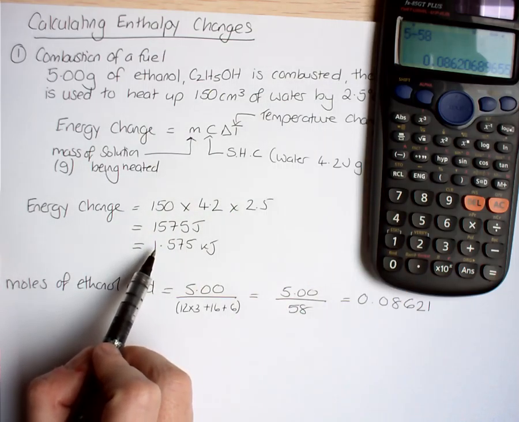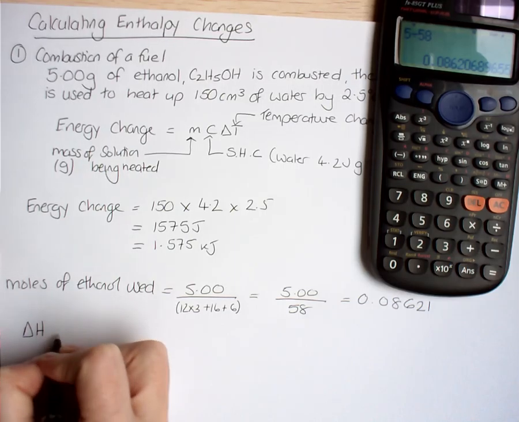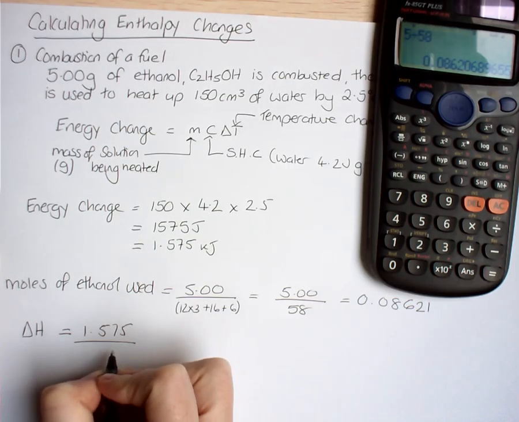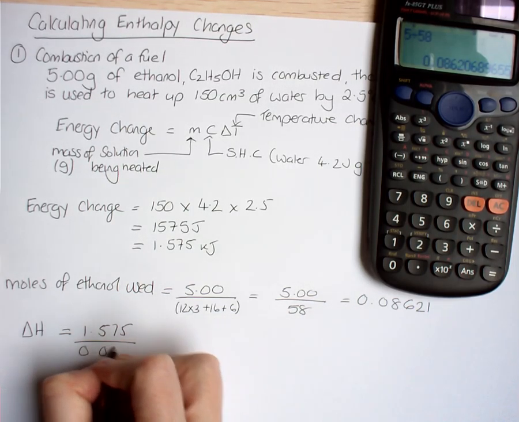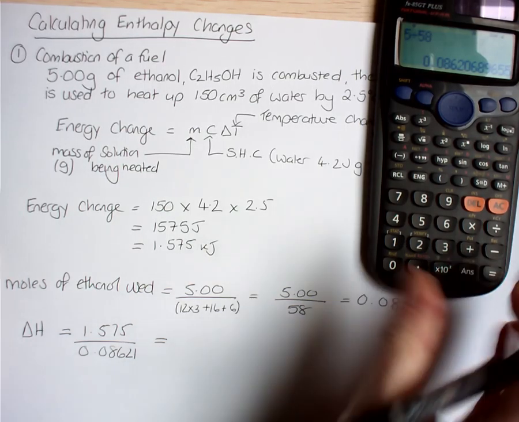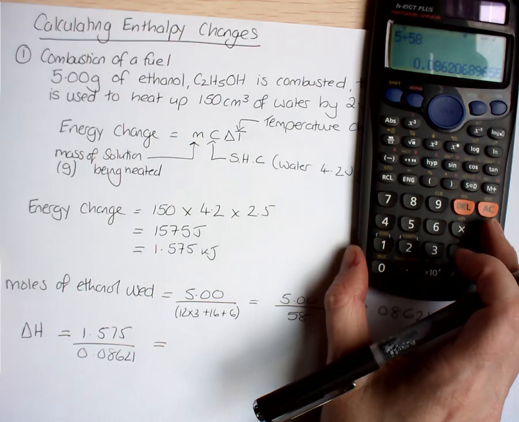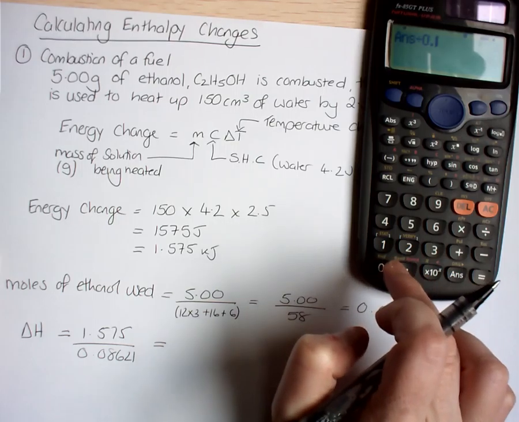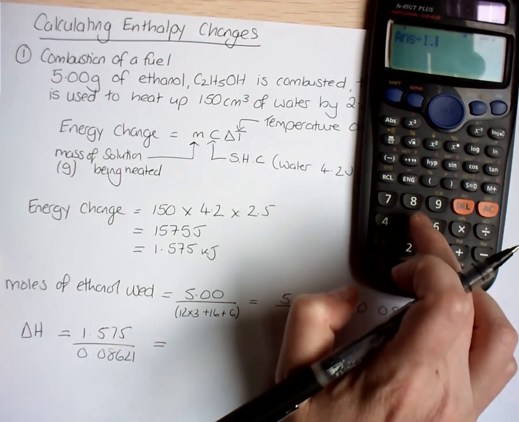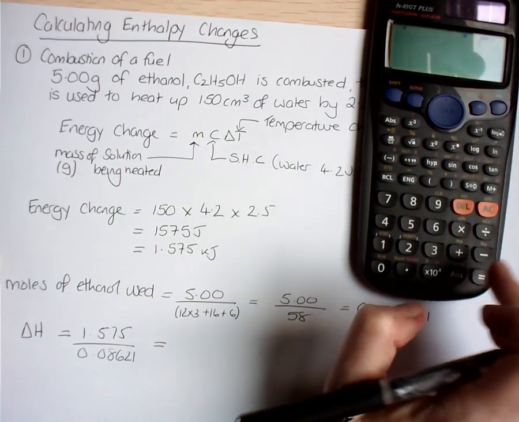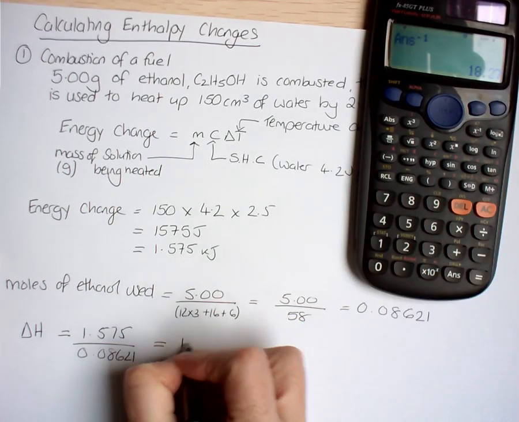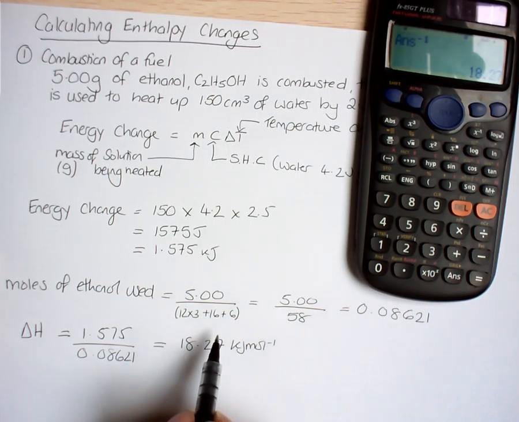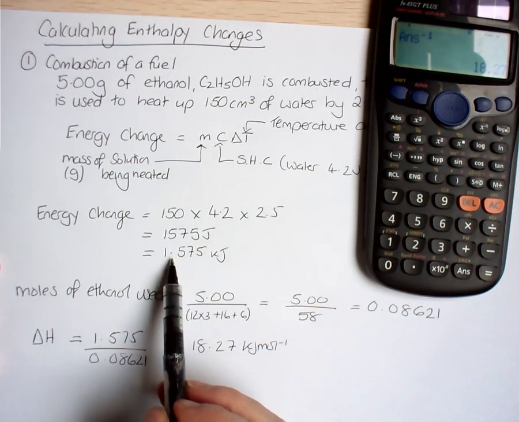To work out the energy per mole, so delta H of this reaction is equal to the change in energy divided by the number of moles, I get an answer of 18.27 kilojoules per mole.